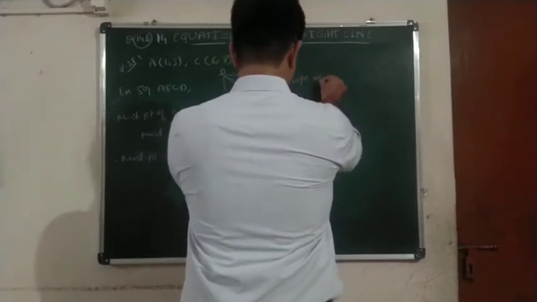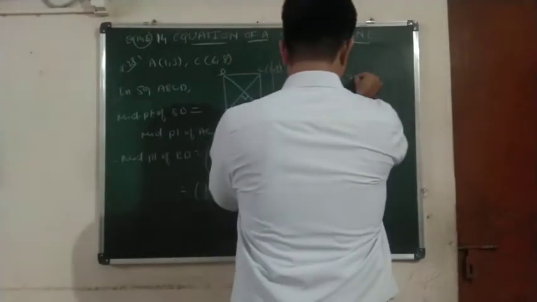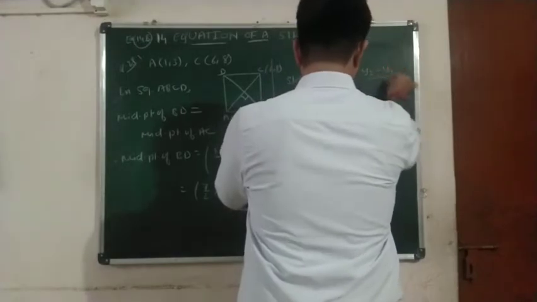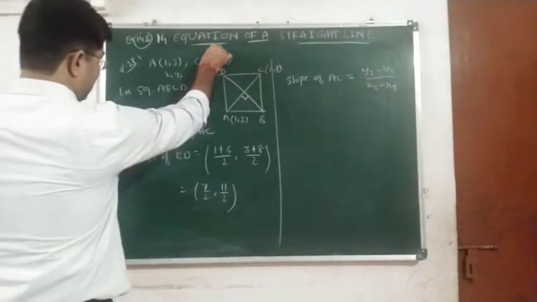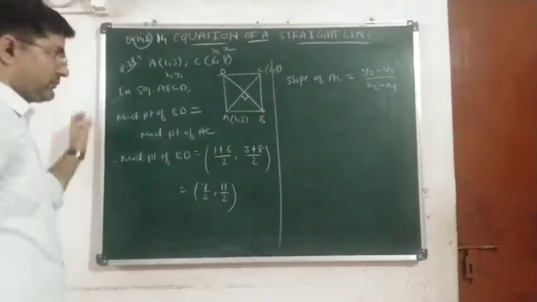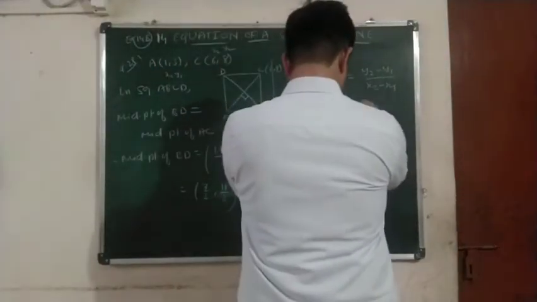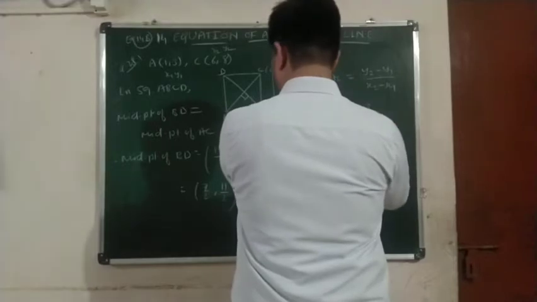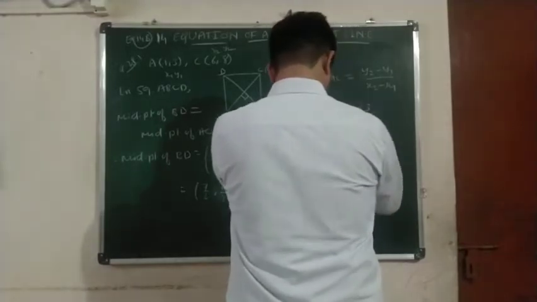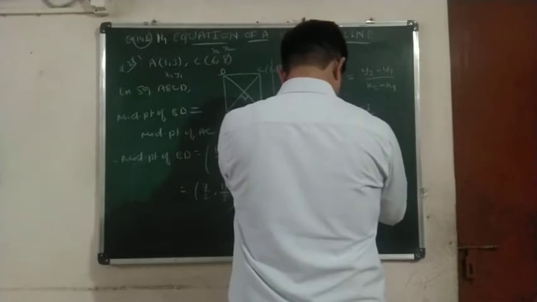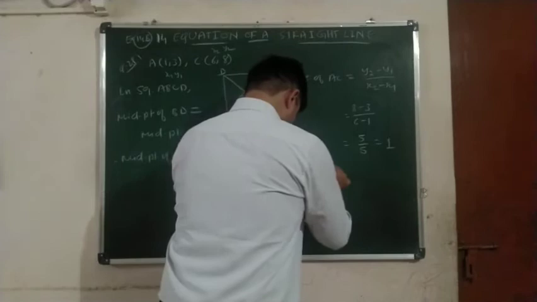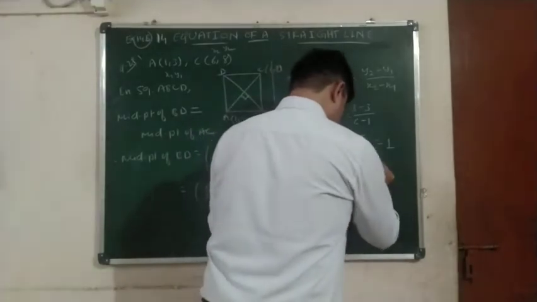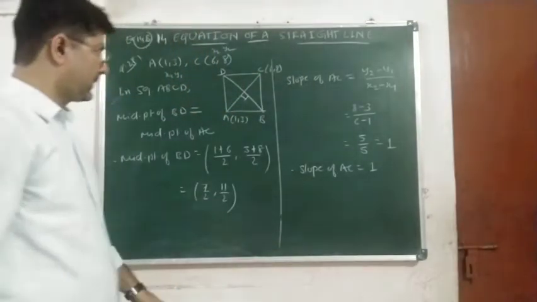Now slope of AC will be given by the formula y2 minus y1 upon x2 minus x1. We have x1 y1 coordinates of A and x2 y2 coordinates of C. So 8 minus 3 upon 6 minus 1, 8 minus 3, 5 upon 5 is equal to 1, and therefore slope of AC we got to be 1.